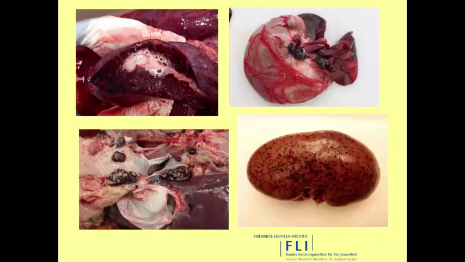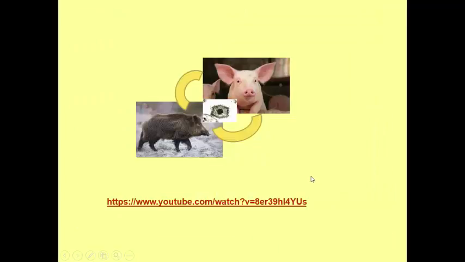These are the original pictures: the spleen, the hemorrhagic gastrohepatic lymph node, hemorrhages in other lymph nodes, and hemorrhagic lesions in the kidney.